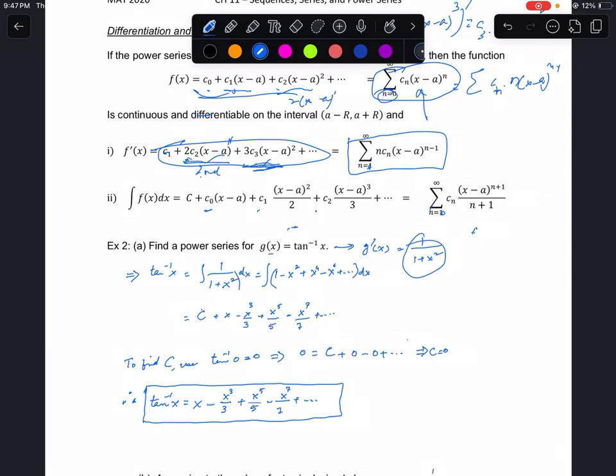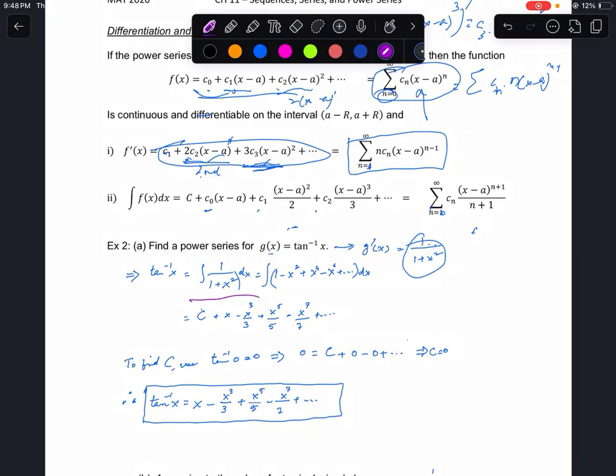I think in video 1 I showed you how to write the power series for this function. So we can use the power series for this function, and in order to find tangent inverse x, we will have to integrate the quantity 1 over 1 plus x squared dx. So that's what I'm going to show you here.